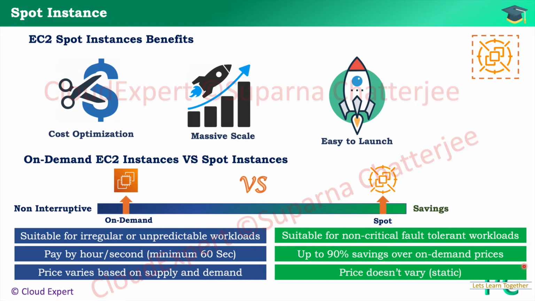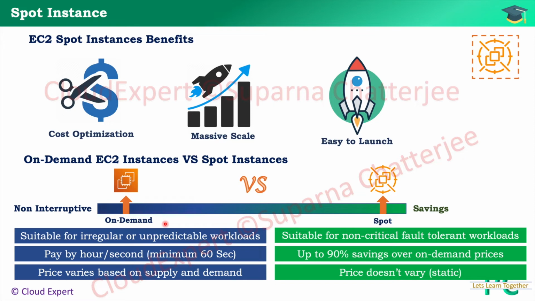Now let's compare both the instances. As I mentioned, on-demand is suitable for irregular or unpredictable workloads, whereas spot is suitable for non-critical, fault-tolerant workloads. On-demand, you pay by hour or second, with a minimum of 60 seconds for Linux, and 60 minutes or 1 hour for Windows.